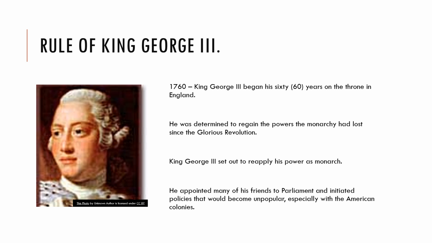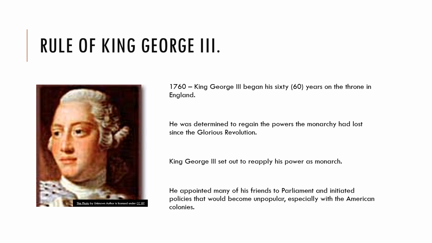King George III is going to set out to reapply his power as monarch. One of the things he wanted to do was choose his own ministers, dissolve the cabinet system, and make Parliament follow his will and his power instead of sharing that power. Now, we also know that King George III suffered from some mental illness, which may have impacted his decision making.